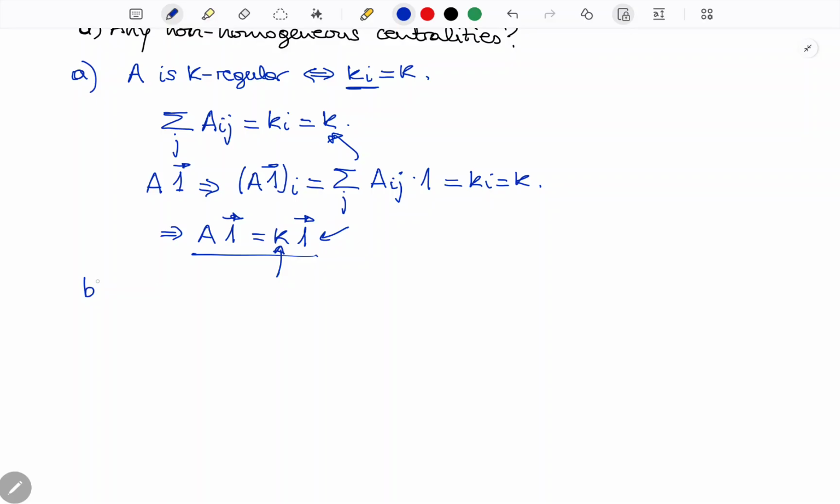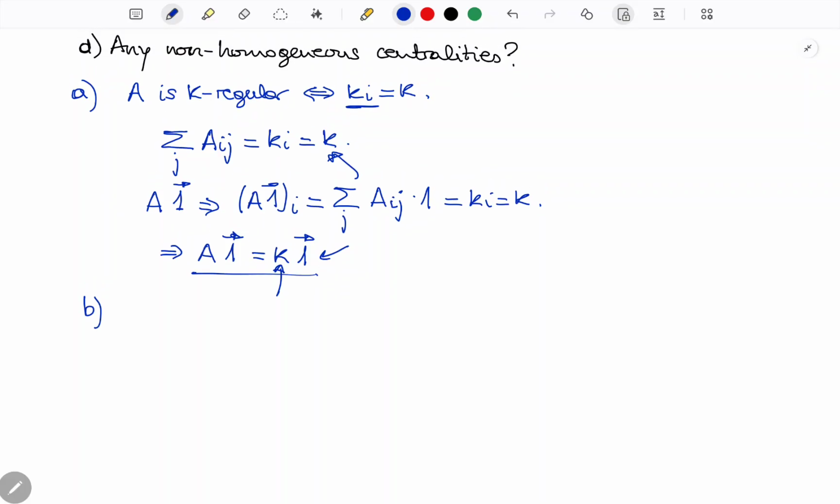Now on question B, we need to show that there is no other eigenvector that has all the elements positive, and we have to use the Perron-Frobenius theorem for this.